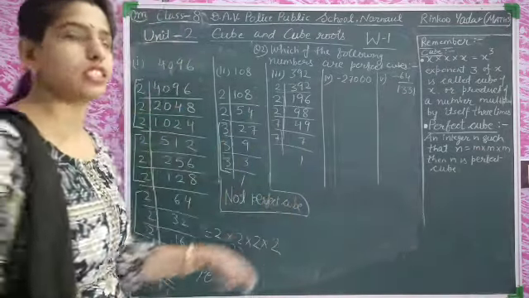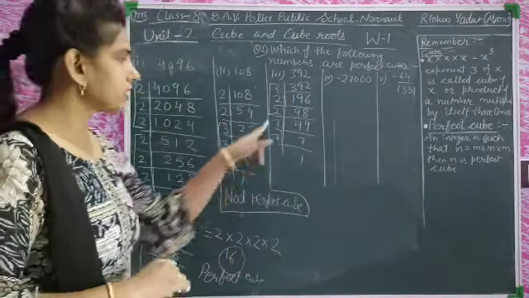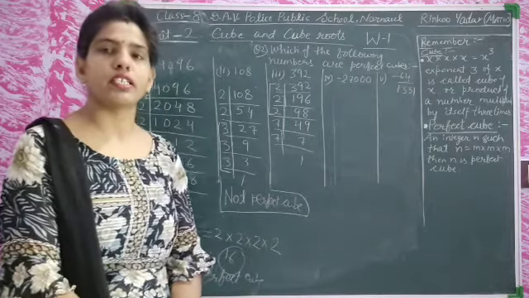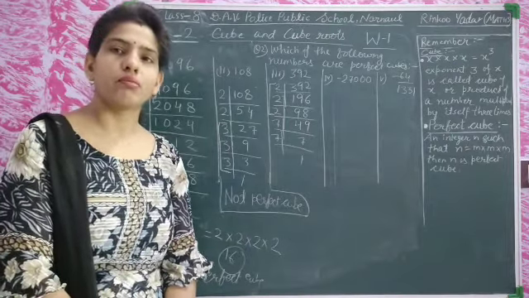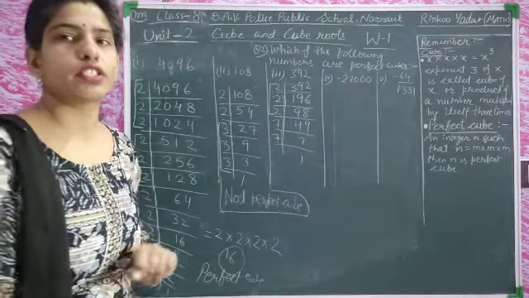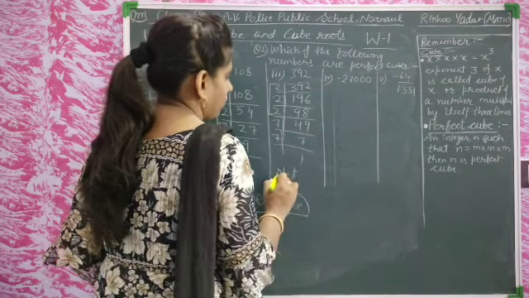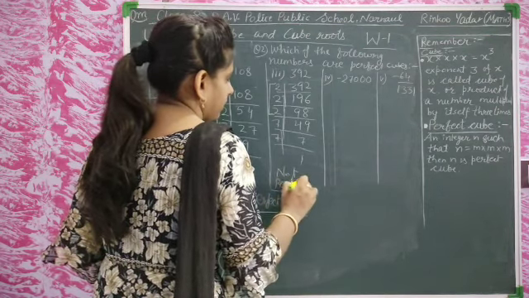Now again you are seeing that this makes the triplet of 2, but 7 doesn't make a triplet. There is a need of another number 7 here. So it doesn't form a perfect cube number. It is not a perfect cube.